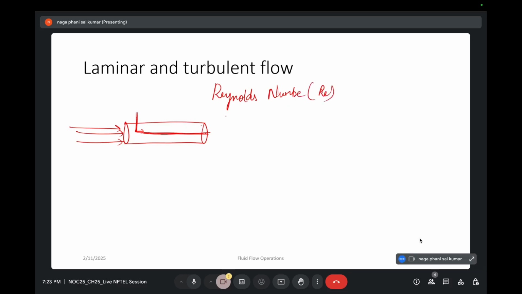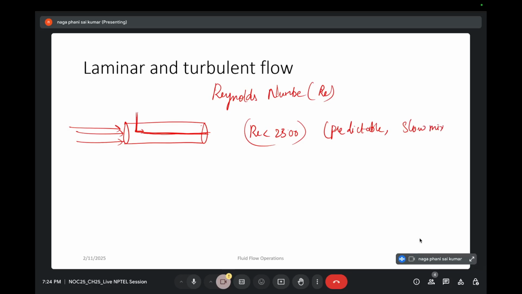Reynolds number is Re. If Re is less than 2300, this is considered a laminar flow, which is predictable, and also there will be slow mixing in the flow. It means you can judge the direction of the flow.